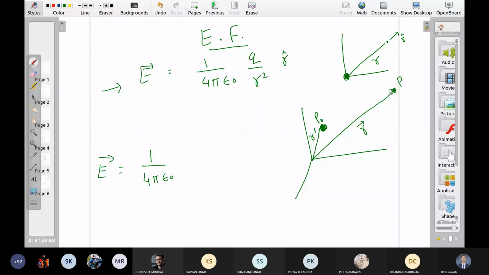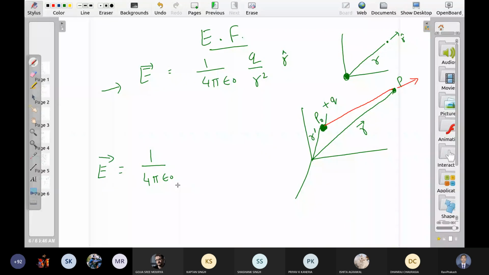And what is the direction of electric field now? If charges are here, this is plus q charge. Then what is the electric field at P? It is proportional to this distance. And what is the direction? In this direction, right?